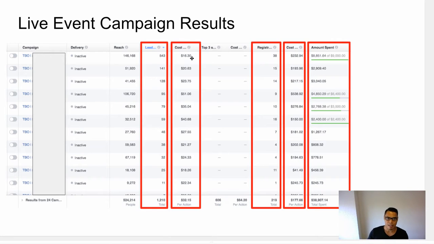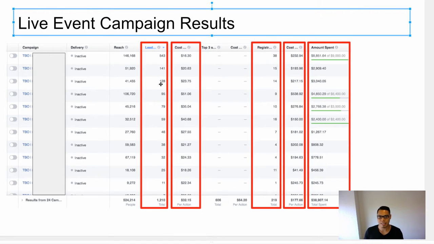If we go to the breakdown of these campaigns, the next line is 2,909, and we got 141 leads and 15 registrations. You can see all the details and the breakdown right there.